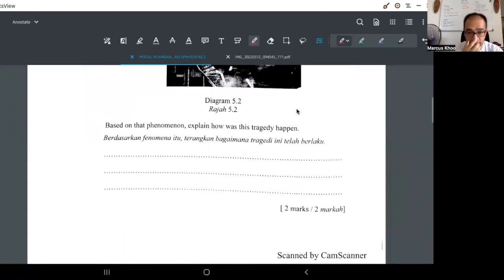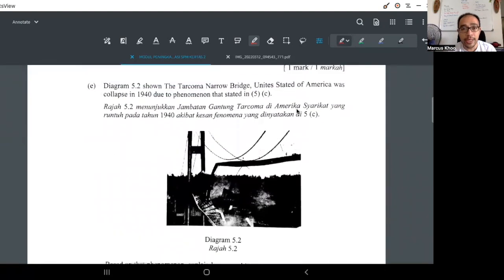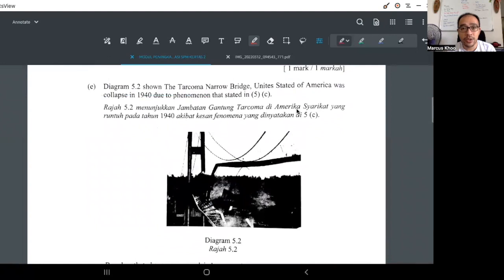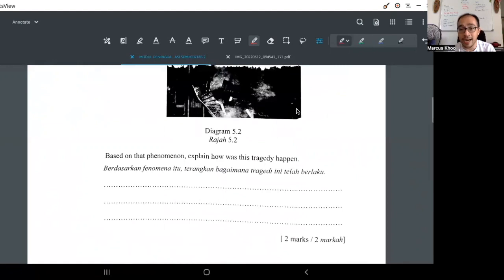So based on the phenomenon, explain how this tragedy happens. This is the important thing. What is not mentioned here is that the bridge collapsed because of the wind that was blowing. This is the weakness of this question. They should have mentioned the wind, because our answer must mention the wind.